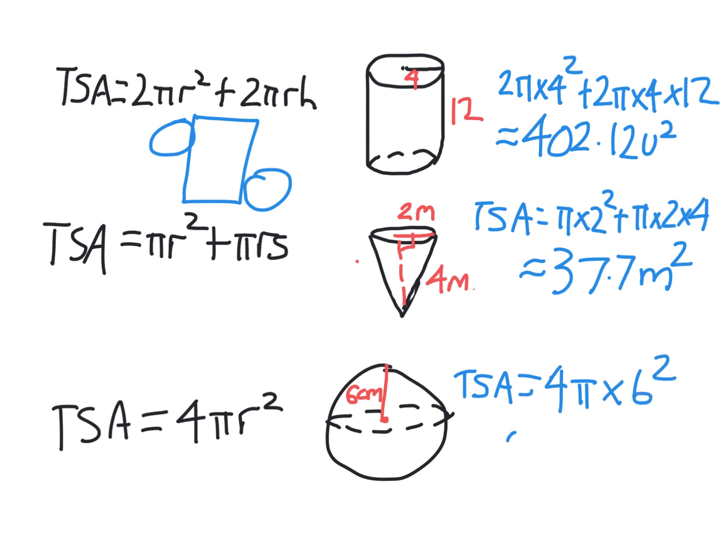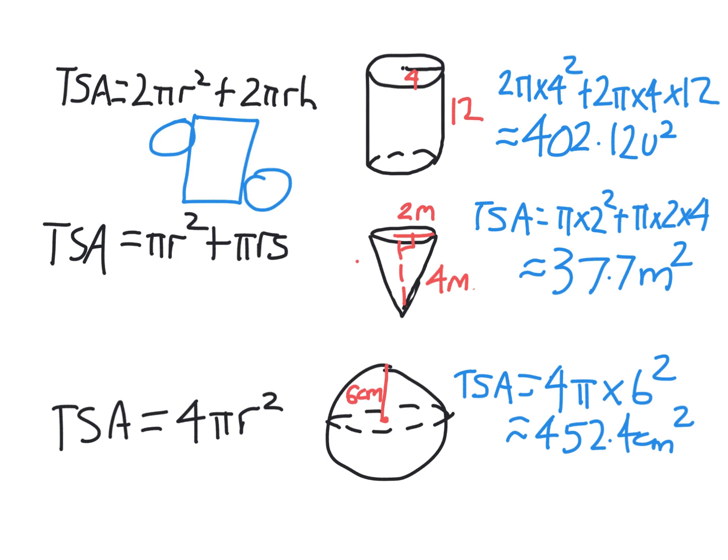So again, I'll just give it to one decimal place. It's 452.4 centimeters squared. So again, surface area, think of it, if you got someone a present that was a sphere 6 centimeters, you would need this much wrapping paper to totally wrap it up.